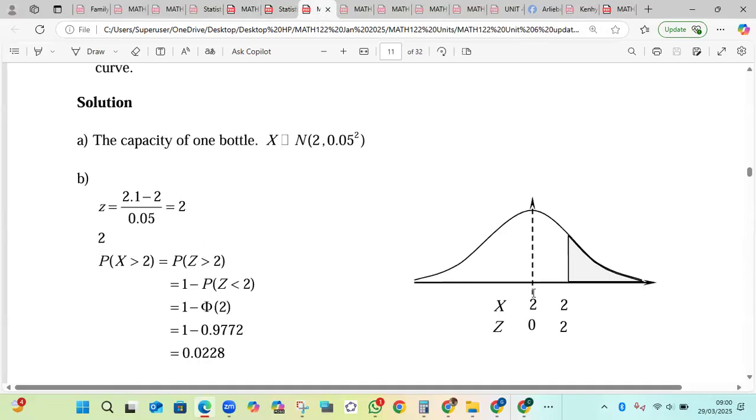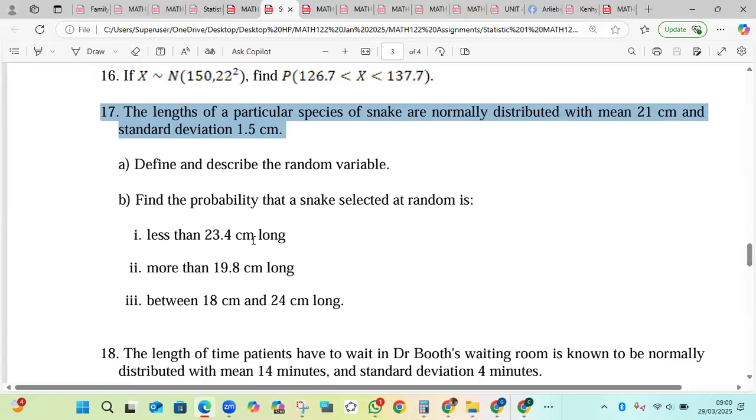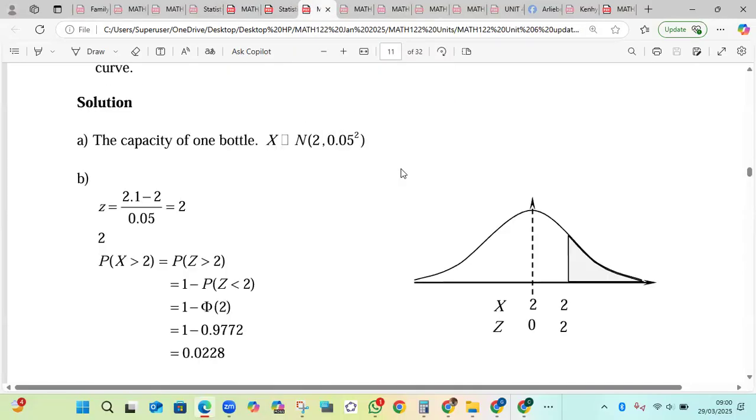And then you shade. You look for the direction. It's a less than. We look at 23.4 and compare it to the mean. The mean is 21, and 23.4 clearly is greater than 21.